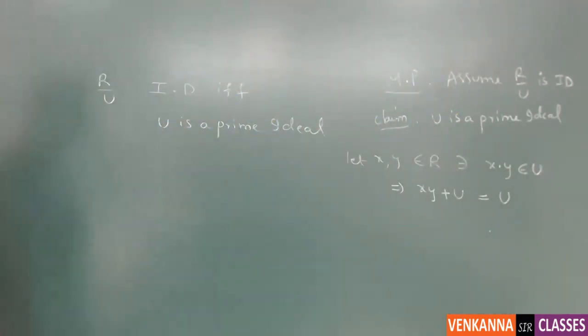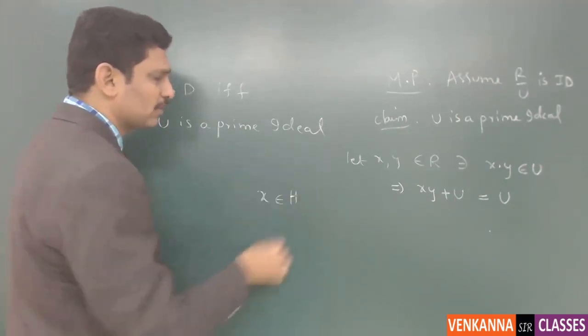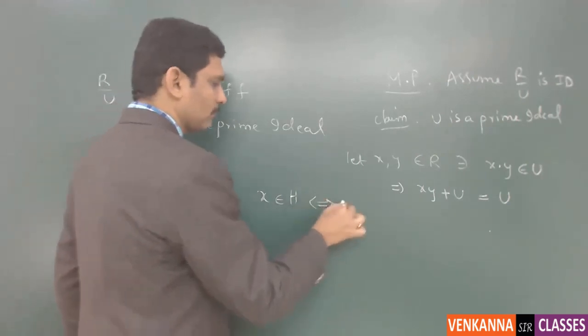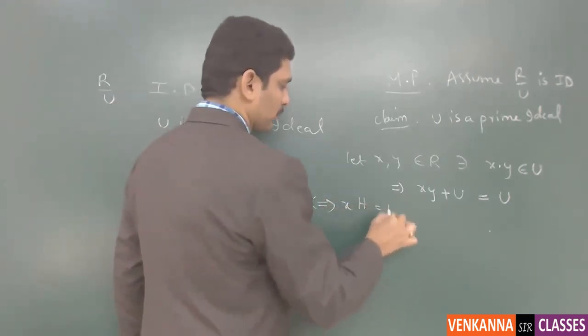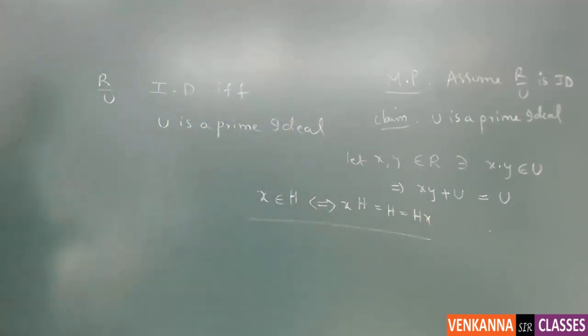Do you accept it? Here I give a small reminder that earlier you have done a small result in cosets with regard to subgroups. Can you recollect this result?